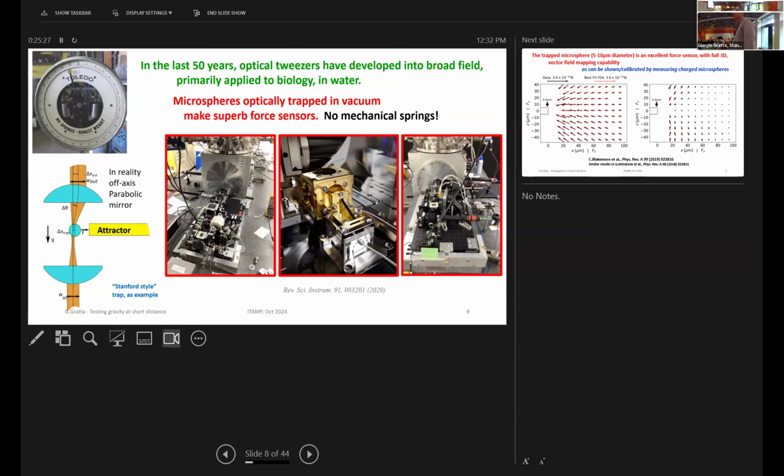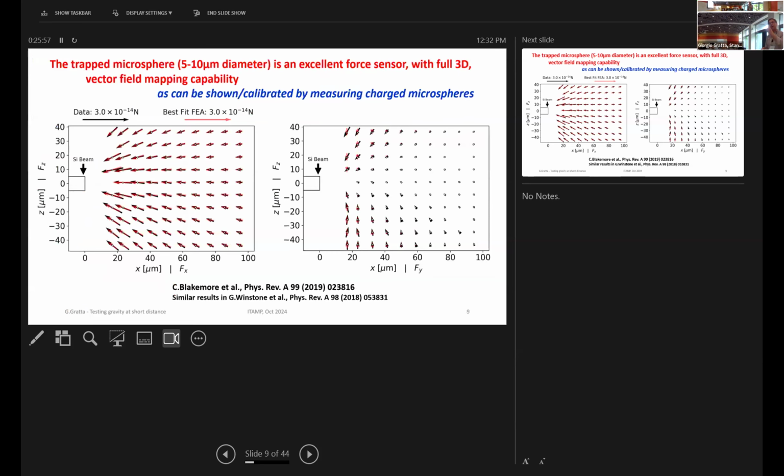The trapping region is surrounded by 6 faces, or in fact 6 pyramids that go in and essentially mask the beam as it goes in and comes out, but also provide access on the horizontal plane for the attractor, that is this device mounted on a piezoelectric stage, a shield that I'll describe later that comes in from 90 degrees apart, and various other auxiliary devices. Actually, there's metrology, there's some microscopes looking in, and so on.